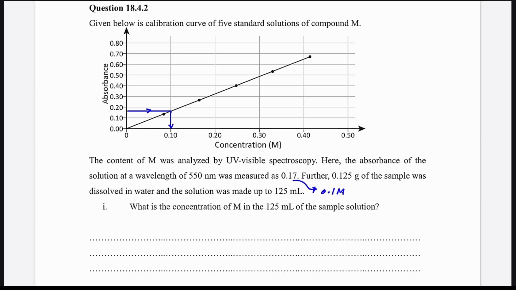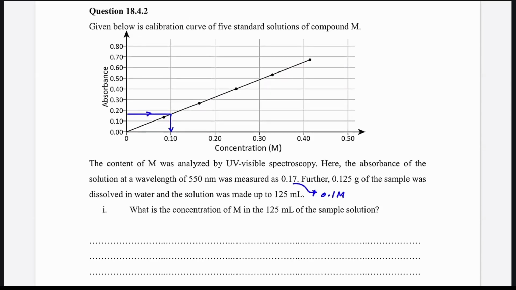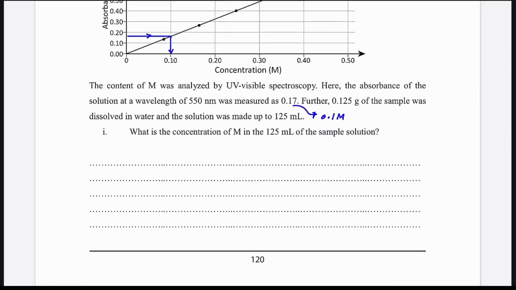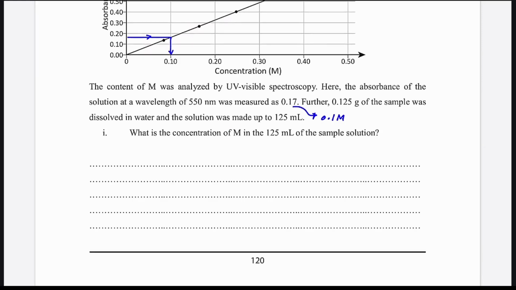But you can find the moles of M. Because it's the same question, moles of M we can find.